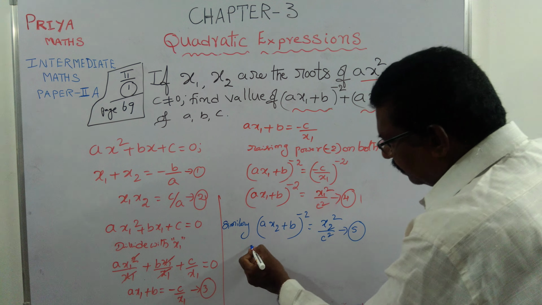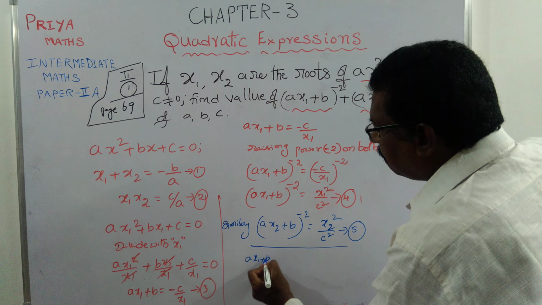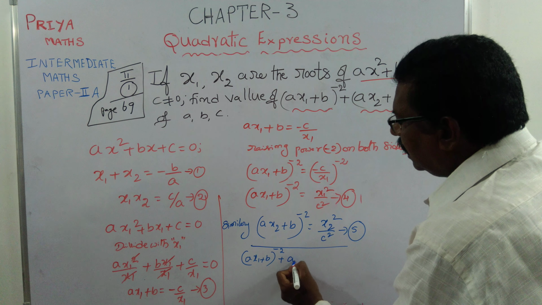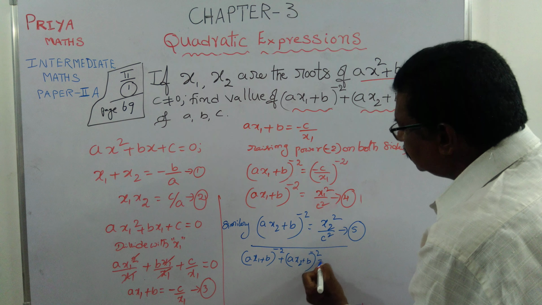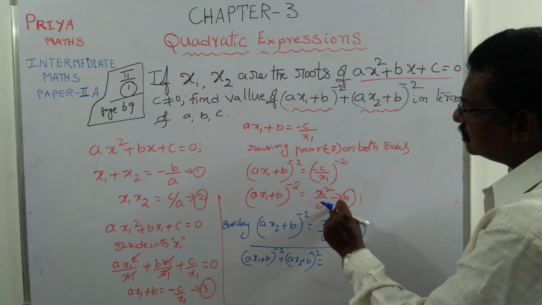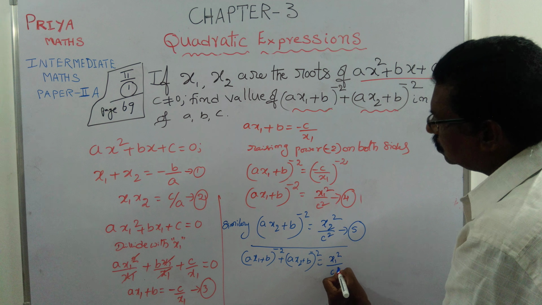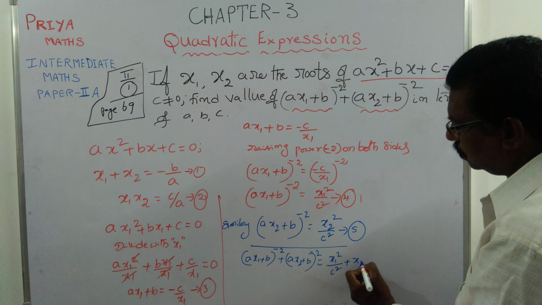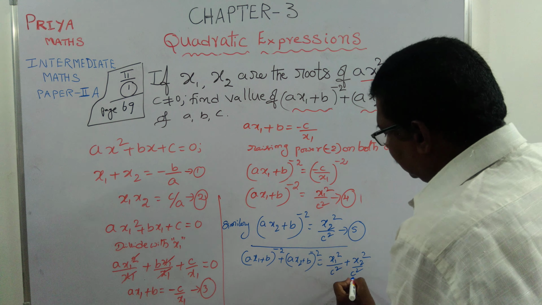Add these two equations. First one, (ax1 plus b) to the power minus 2 plus (ax2 plus b) whole to the power minus 2 is equal to x1 square by c square plus x2 square by c square. So this is the equation.